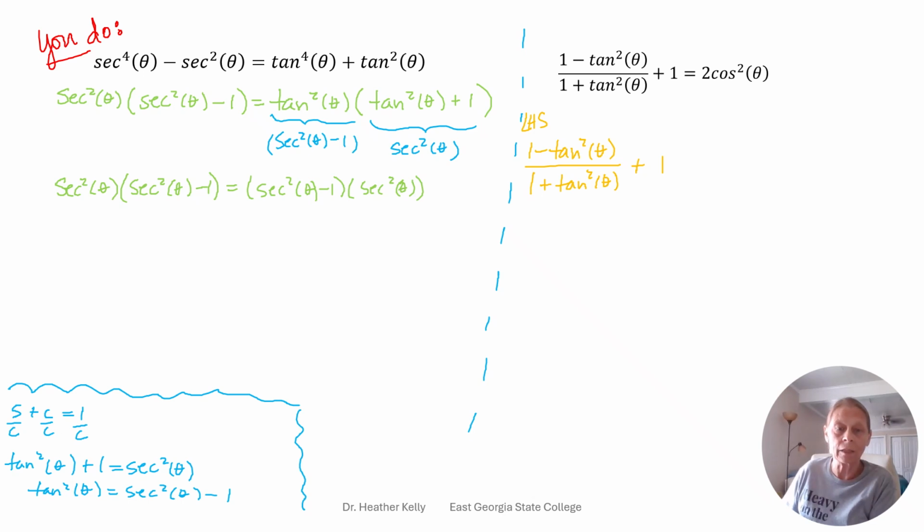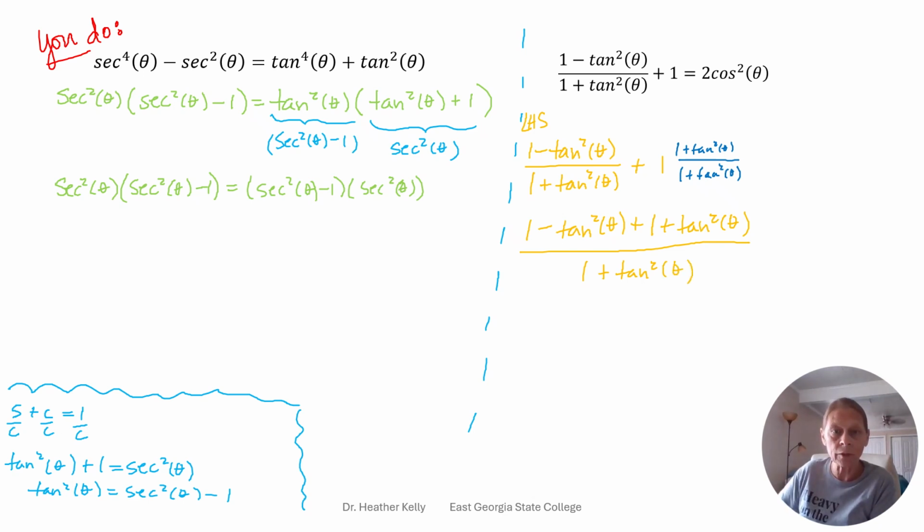I'm going to multiply this side by the LCD, which is 1 plus the tan squared over 1 plus tan squared. Okay, so then that gives us 1 minus tan squared theta plus 1 plus tan squared theta, and all that is over a single 1 plus tan squared theta, which is the common denominator.